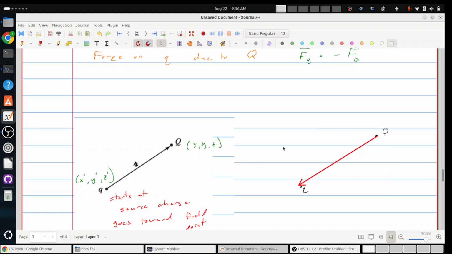And I didn't get it exactly on the arrow, but you guys get the idea. So it's the same separation distance, but in the opposite direction.